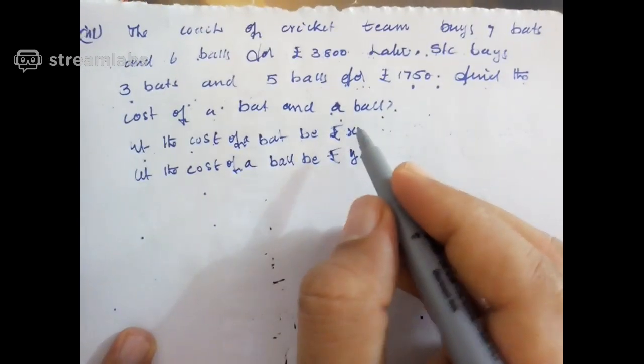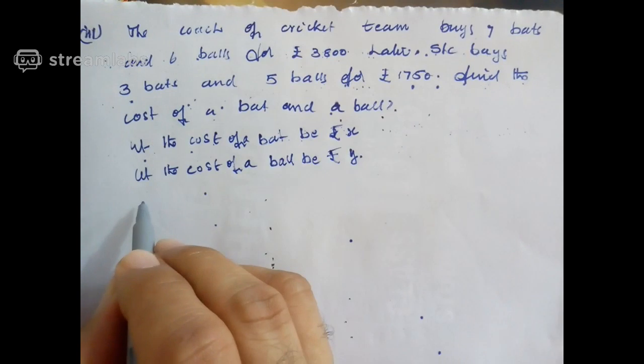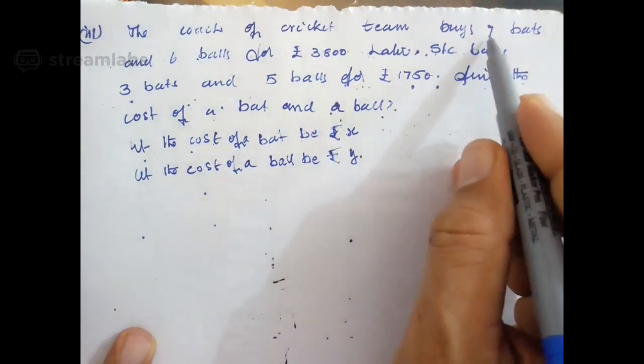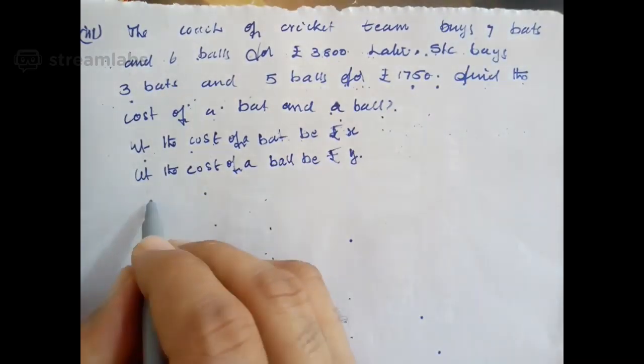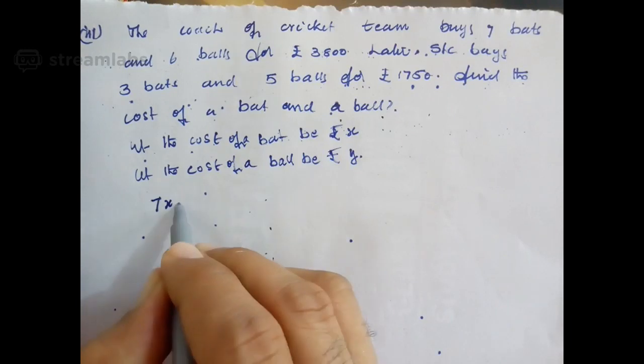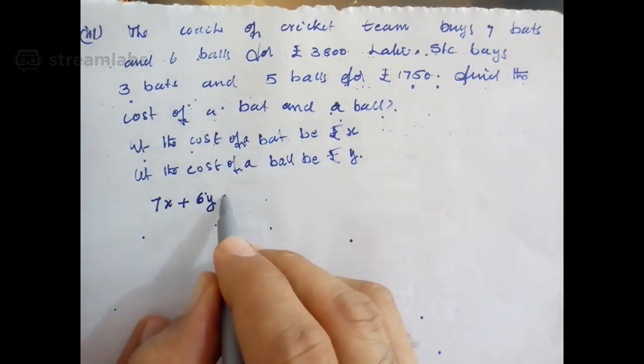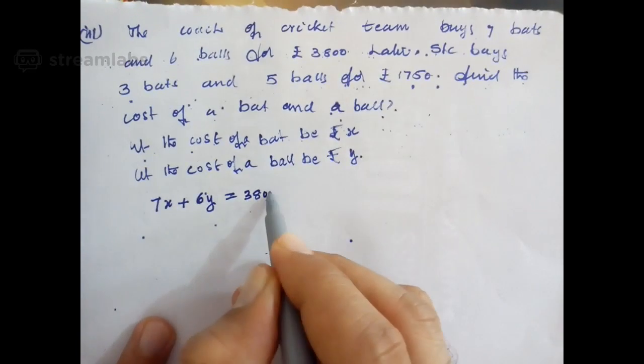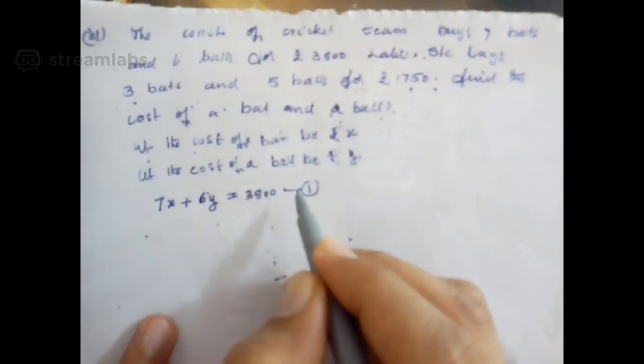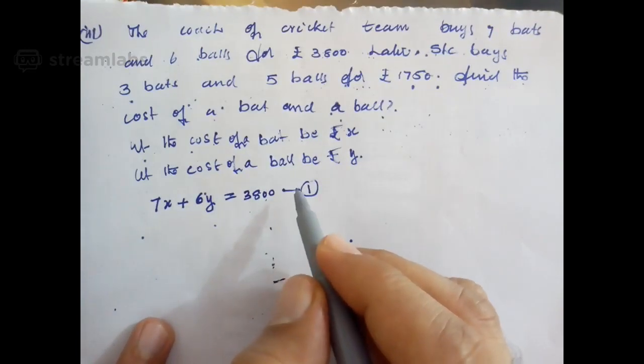Now write the condition as linear equations. How many bats did she buy? 7 bats. That is 7 into x plus 6 into y, because she bought 6 balls. Total it cost 3800. Call this equation number 1.